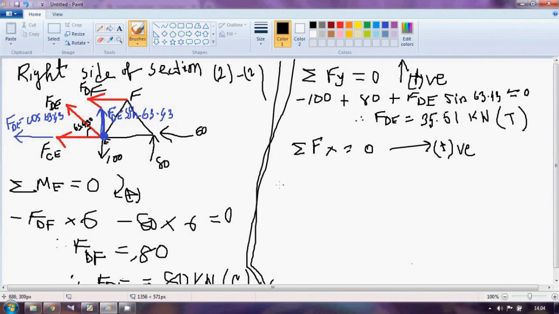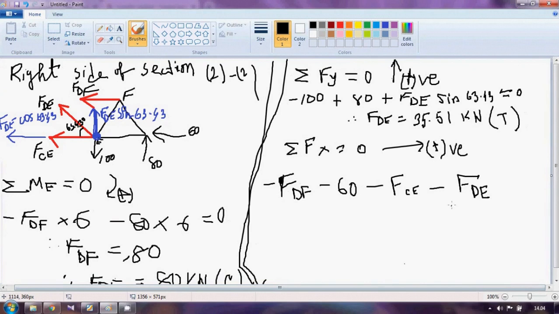Minus F_DF, plus 60, minus F_CE, and minus F_DE cos 63.43.